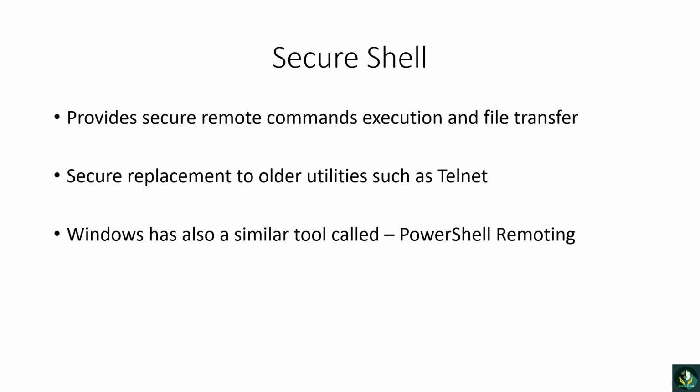Now, while you can get a program to offer SSH capabilities on Windows, Windows has its own application for this. Windows has its own built-in management tool called PowerShell, and part of PowerShell is called PowerShell remoting, which is similar to SSH.